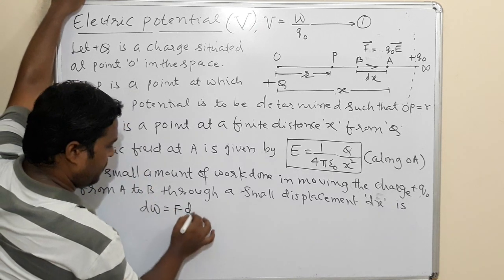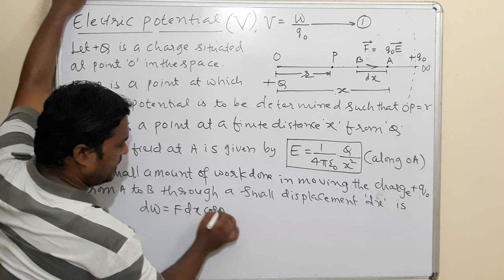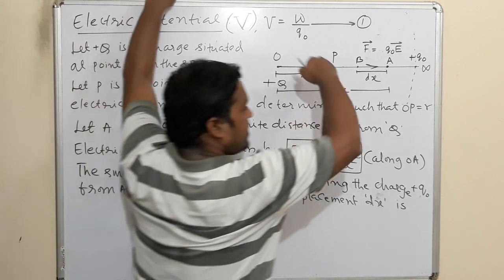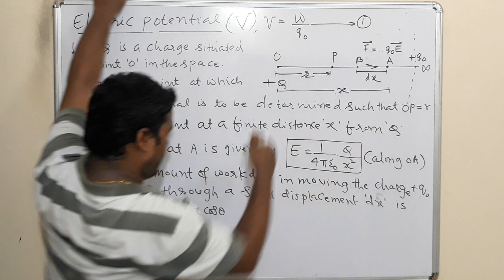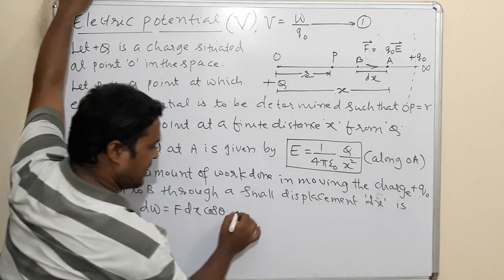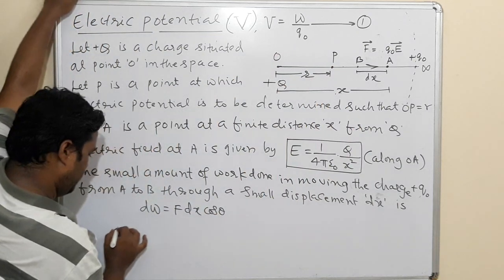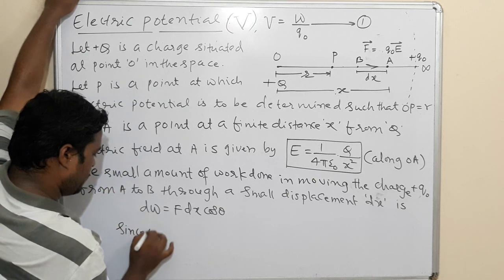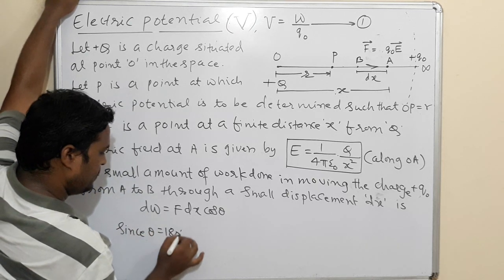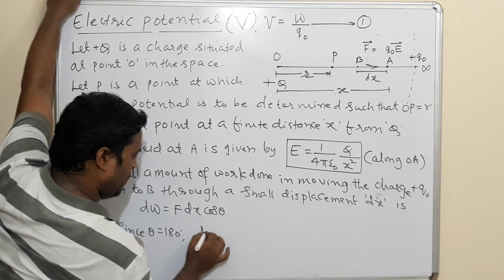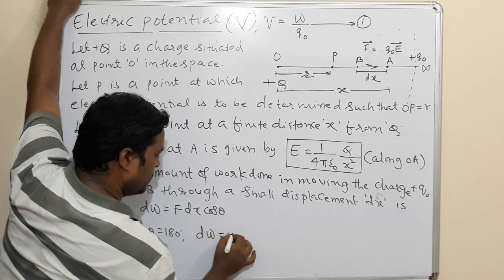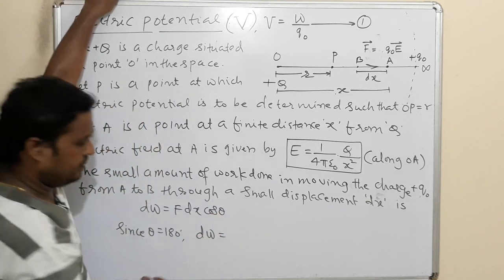This will be F dx cos theta. This is the force acting, this is the displacement, and theta is 180. Since theta is 180, cos 180 is minus 1.